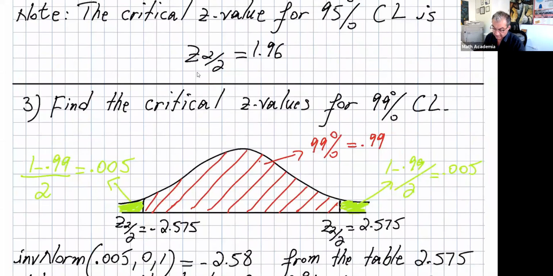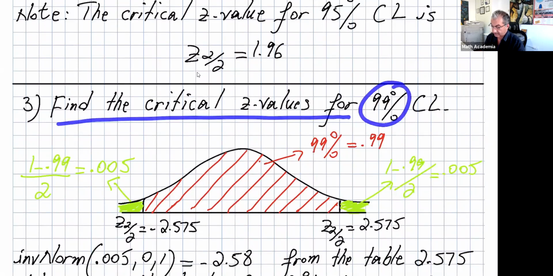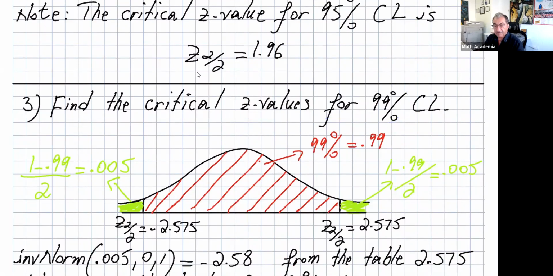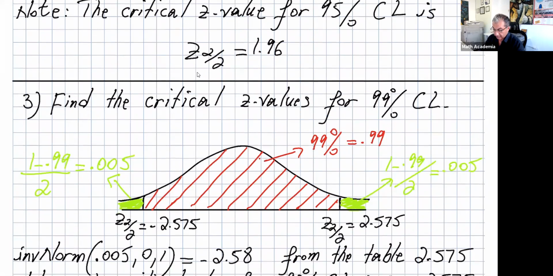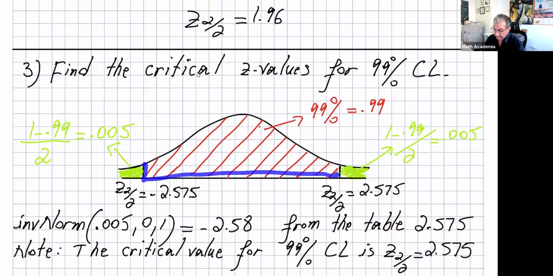I did a third example here: find the critical Z values for 99%, because that's a very common confidence level also. One more time, the area here is 0.99 because it's 99%. You find the area in the tail, and that's 1 minus 0.99 divided by 2, which is 0.005. If you do that, you're probably going to see negative 2.58. But again, remember, that's a special one too.